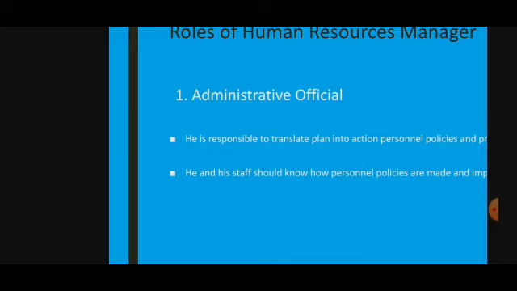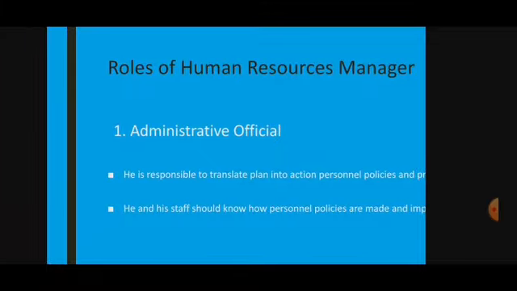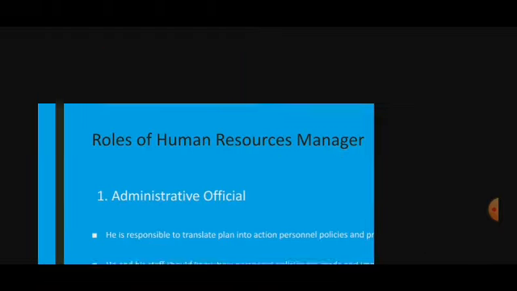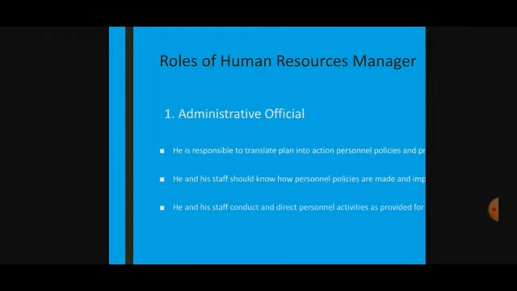He and his staff should know how personnel policies are made and implemented. He should see to it that labor laws and implementing government regulations are properly complied with.